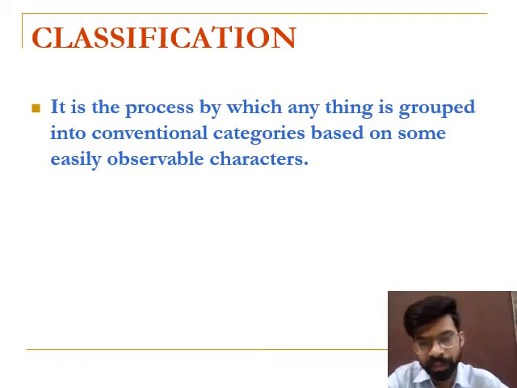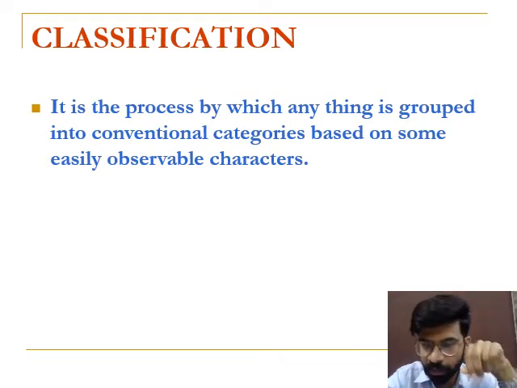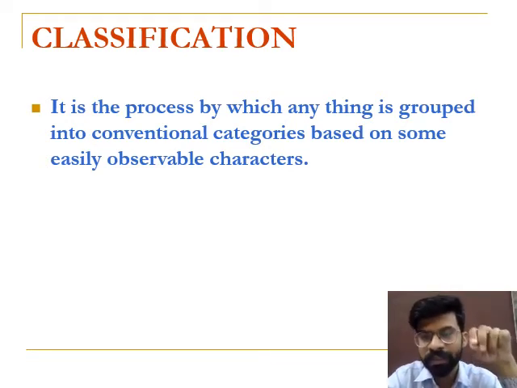So what is classification? Classification, you can say, is a process by which an organism is categorized into a suitable category based on its character. Means if an organism is placed in a particular category based on its character, like the mammalia members contain mammary glands.